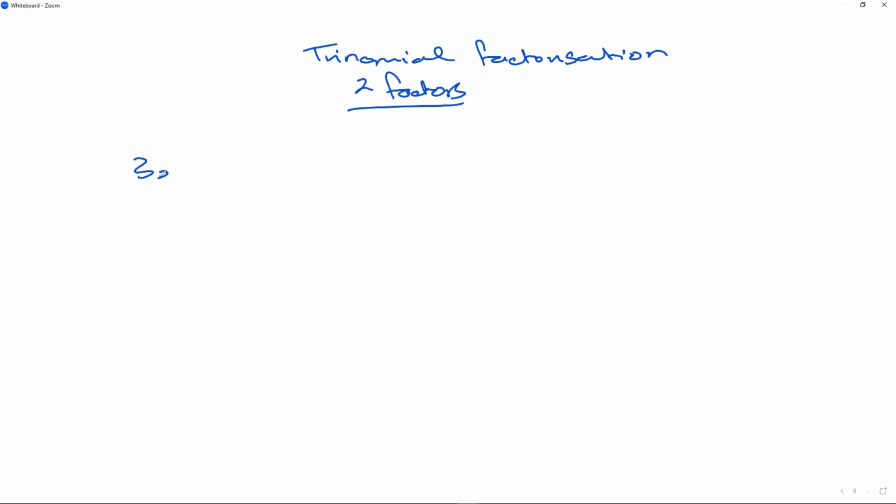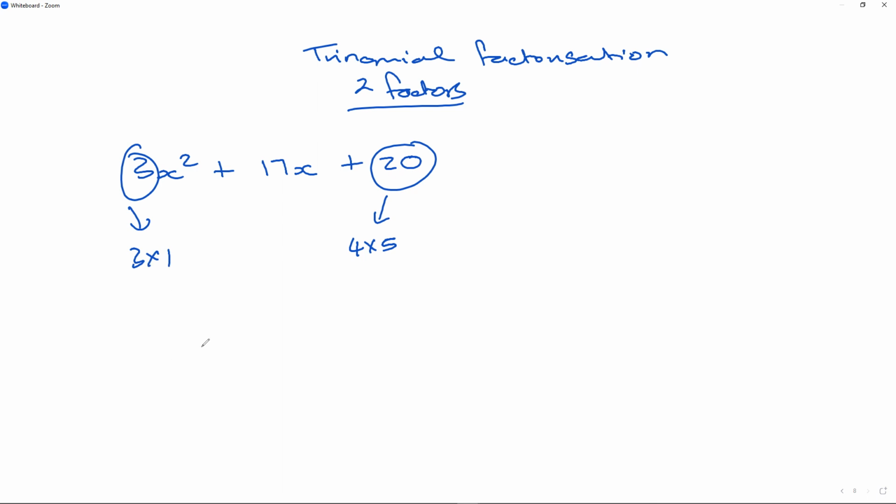Well, I've got 3x squared plus 17x plus 20. I'm first going to look for factors of 20, which is like, let's say, 4 times 5. And then factors of 3, which is 3 times 1. I'm going to bring these two factors in to play. And what I'm going to end up with is something like this. 3x and x, 4 and 5.